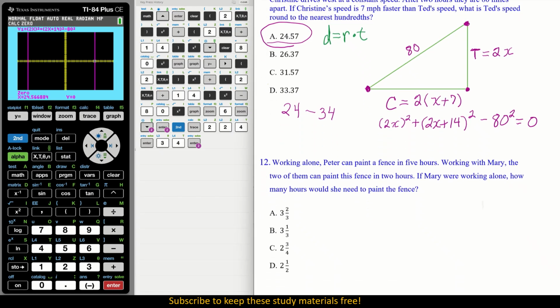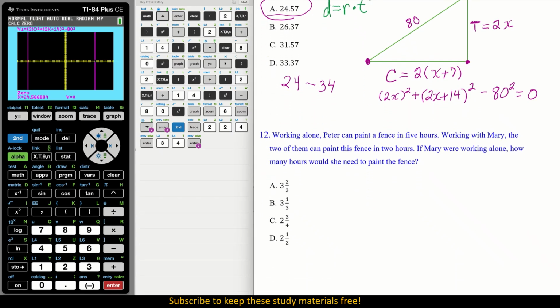Okay, number 12. Working alone, Peter can paint a fence in 5 hours. Working with Mary, the two of them can paint the fence in 2 hours. If Mary were working alone, how many hours would she need to paint the fence?